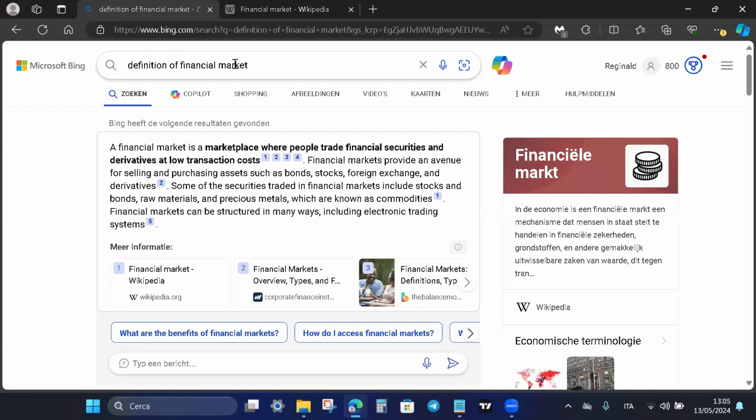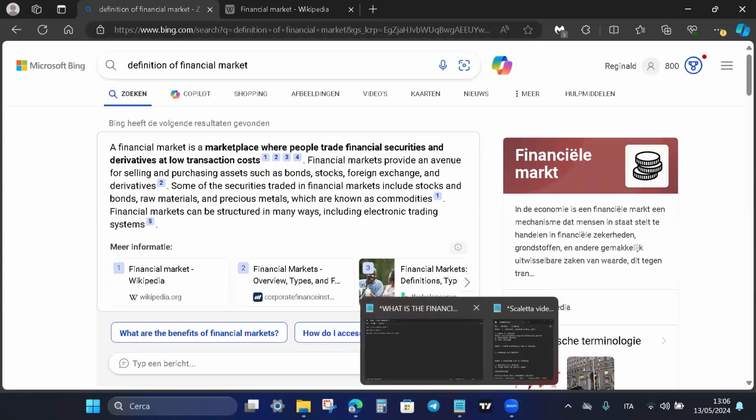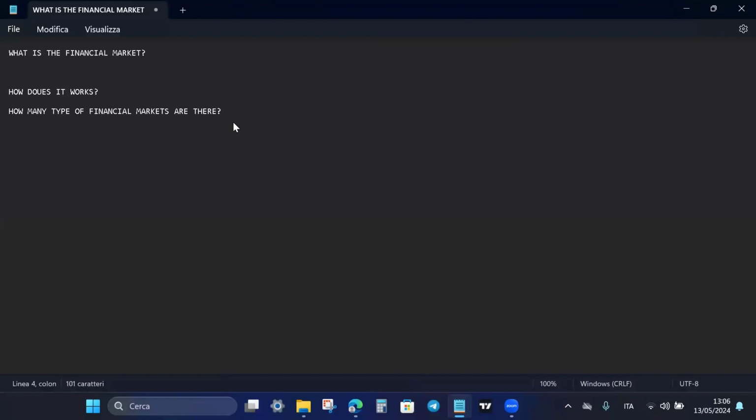So, definition of financial market. A financial market is a marketplace where people trade financial securities and derivatives at low transaction cost. Financial markets provide an avenue for selling and purchasing assets such as bonds, stocks, foreign exchange, and derivatives. Okay, let's dumb it down a little bit. So, what is a financial market?